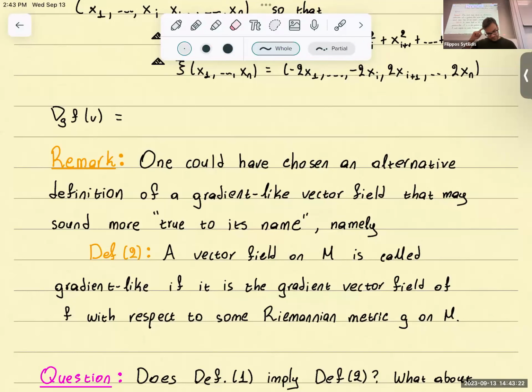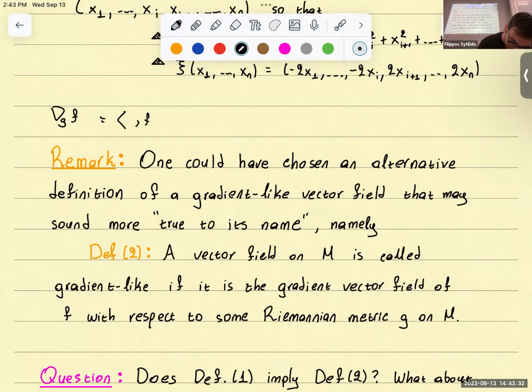That's right. So it should be the inner product of grad f with x. The inner products are g of nabla f comma x, where x is some other tangent vector, or tangent field. It is the directional derivative in the direction of x, which is x applied to f. Exactly.